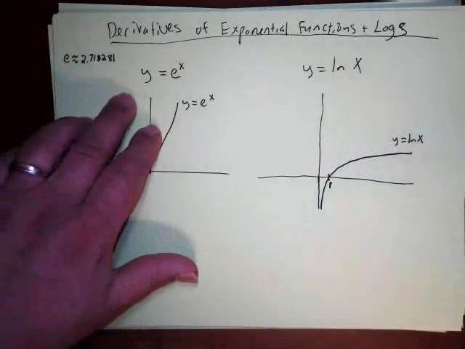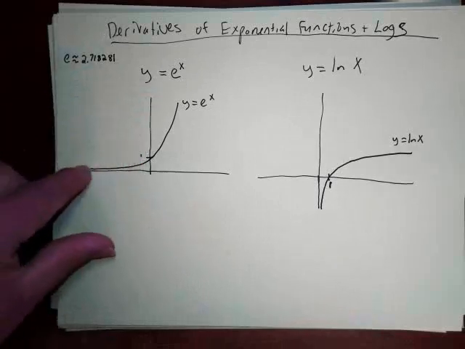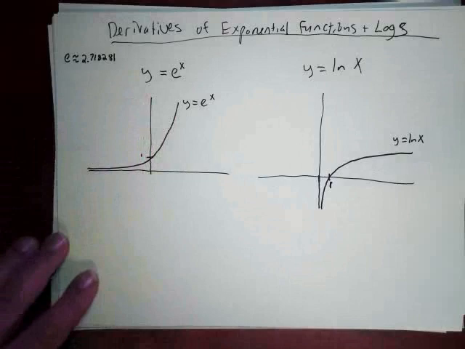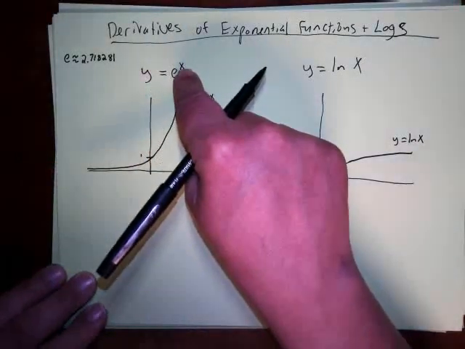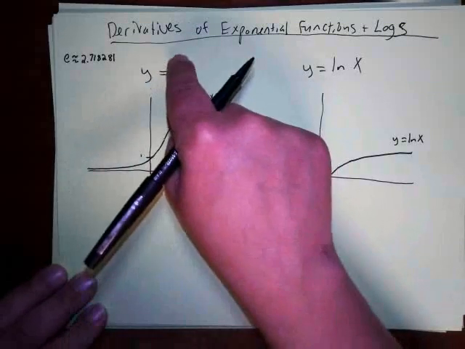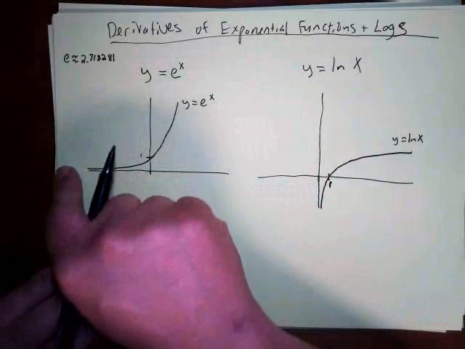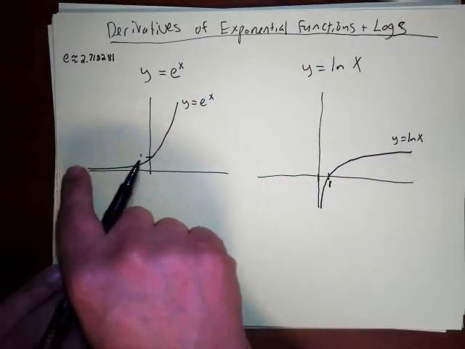So just a quick review: y equals e to the x is this exponential function. As you go off to negative infinity, these are negative exponents that are getting bigger and bigger. So you get 1 over e to some really large number, and this thing approaches the axis asymptotically.